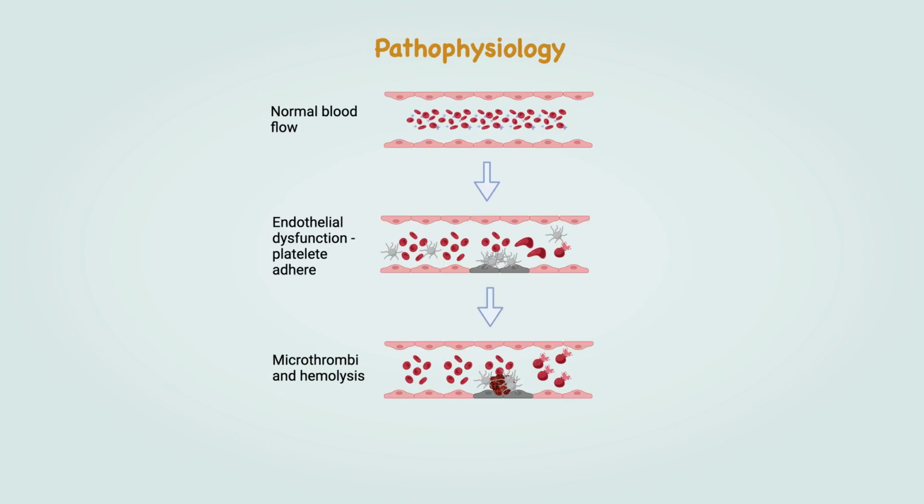So again, in the previous slide, we touched a little on the pathophysiology. So when there is a narrowed spiral artery, that results in decreased flow to the placenta, and in response to that, the placenta actually releases anti-angiogenic factors.